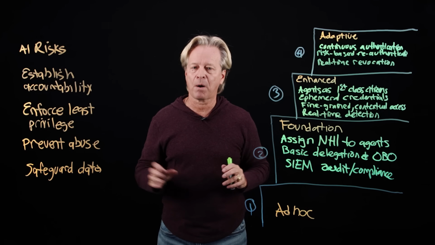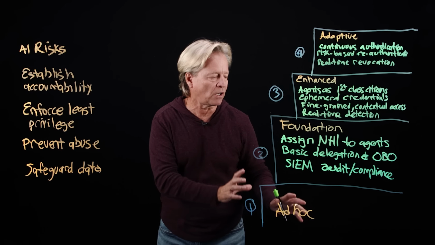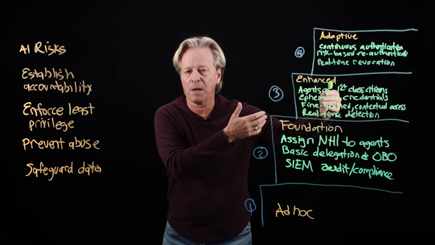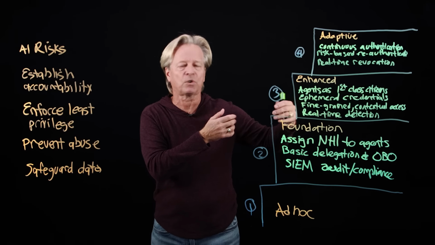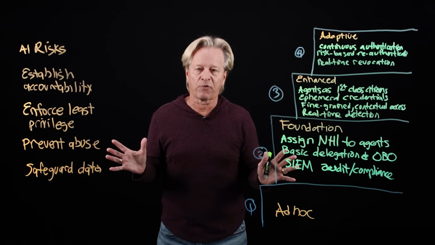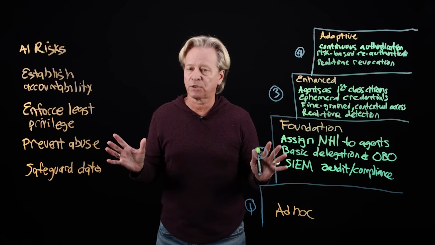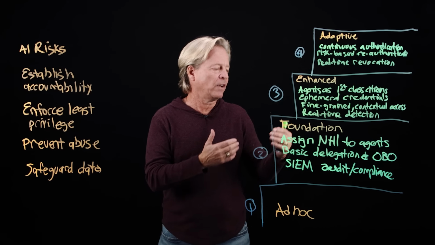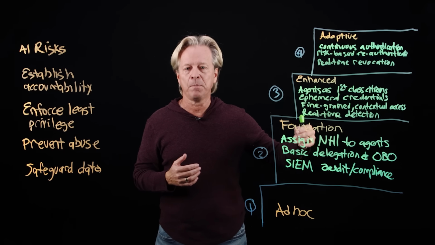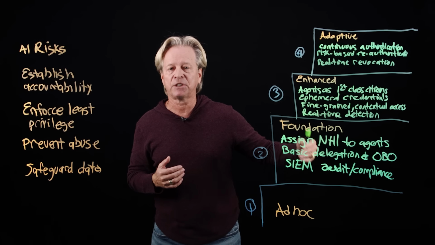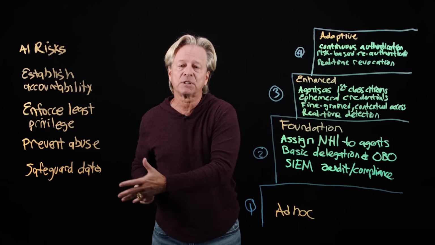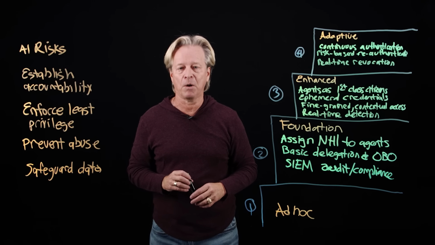When we start talking about preventing abuse, that's when we start getting into the SIEMs and the anomaly detection and the real-time revocation of credentials. That's how we can monitor for abuse, intentional or unintentional, and be able to do something about it. And of course, having all this propagation of identities and delegations and on-behalf-of, and the way that we identify our agents, allows us to make sure that we're safeguarding our data in a proper way.